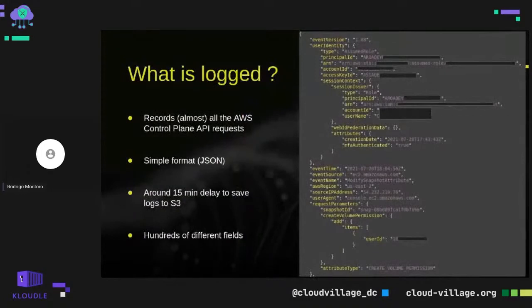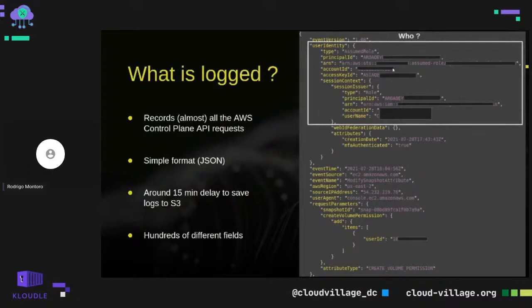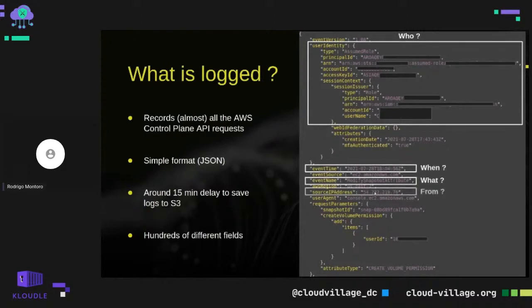It will record everything. It has a simple JSON format, and that's why it's near real time, because it has a delay to put in S3 if you're using S3, and you have a lot of different fields. But mostly you have a JSON that will tell you who did that, when he did that, what he did, and the what parameters.